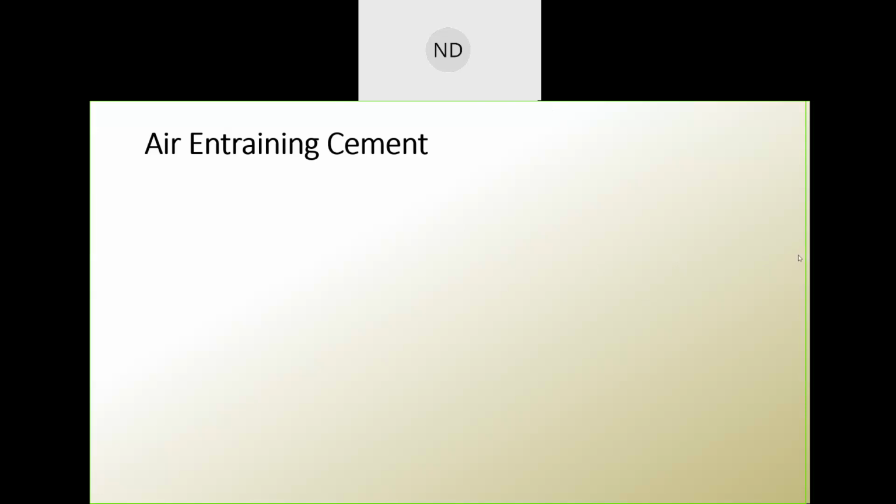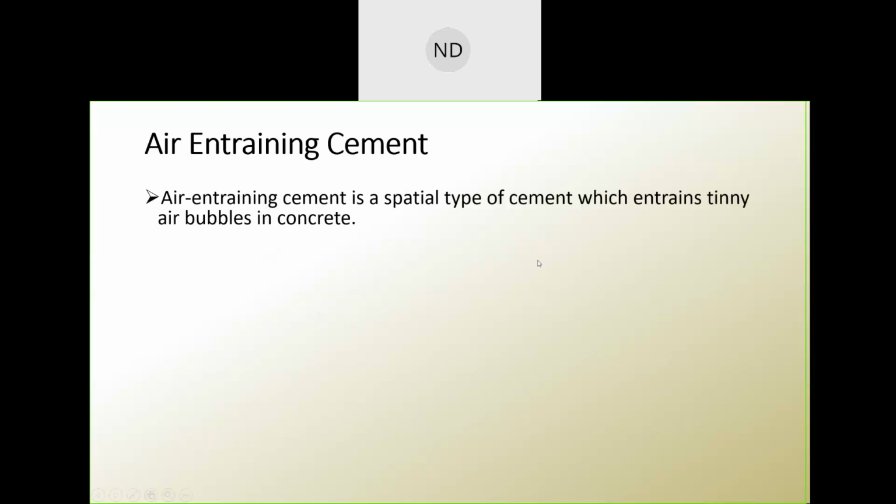Okay, so the next type of cement was your air entraining cement. So what is air entraining cement? Air entraining cement is a special type of cement which entrains tiny air bubbles in the concrete.